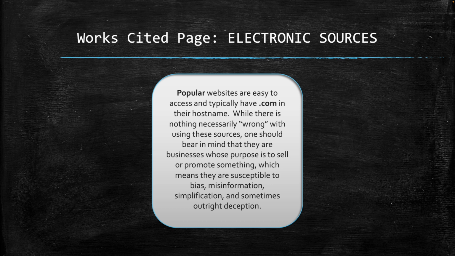Popular websites are easy to access, and they typically have .com in their host name. While there's nothing necessarily wrong with using these sources, one should bear in mind that they're businesses whose purpose is to sell or promote something, which means they are susceptible to bias, misinformation, simplification, and sometimes deception.